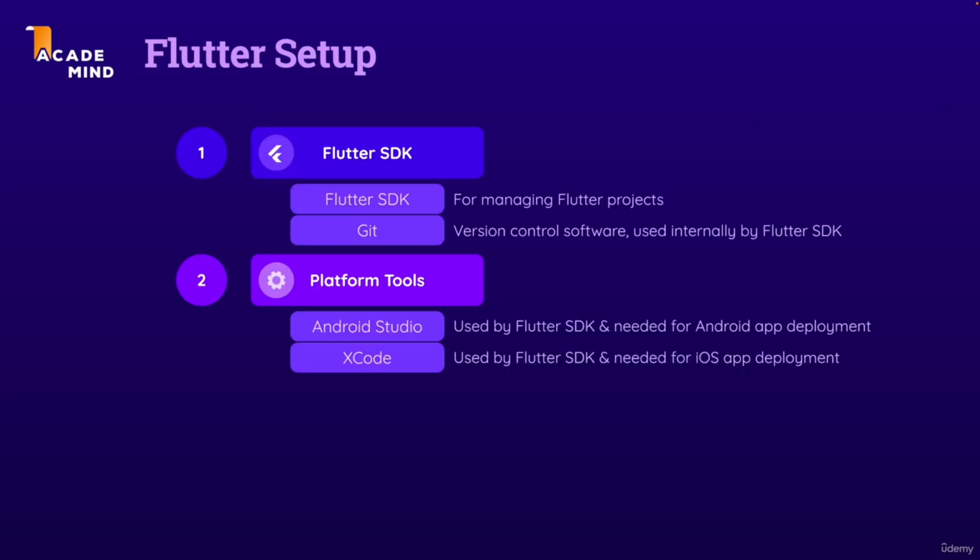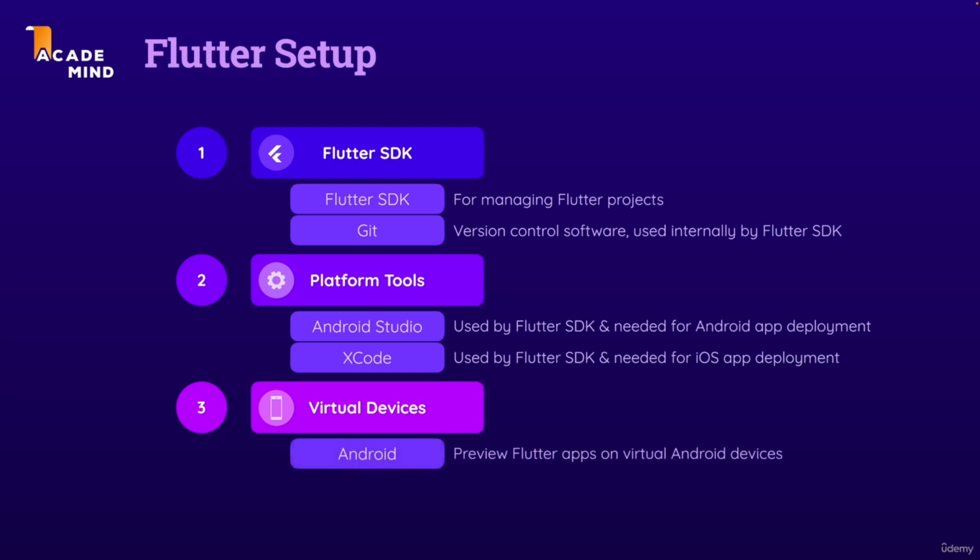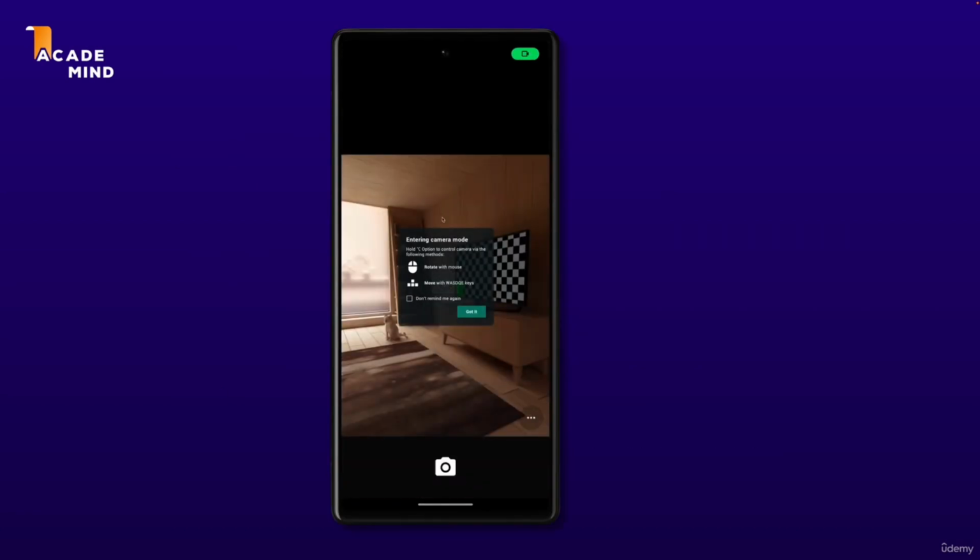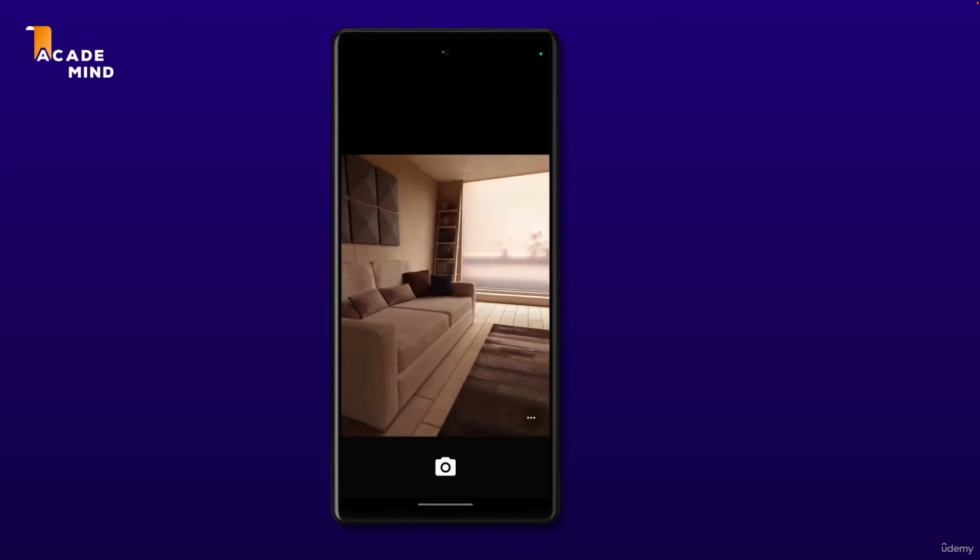Now, once you have these platform tools installed, there's just one last missing step, and that would be to set up some virtual devices, some emulators on your system. For example, an Android emulator to preview your Flutter project as an Android app, running locally on a virtual device on your machine.